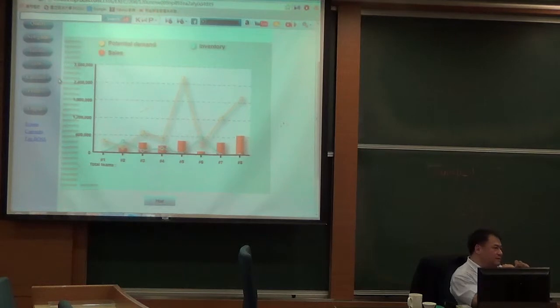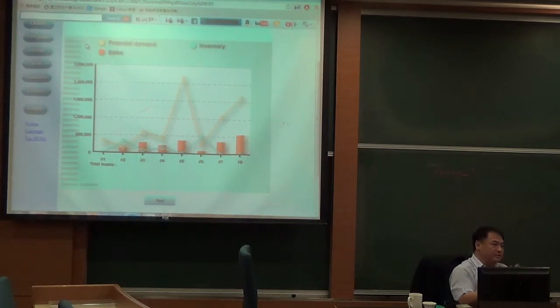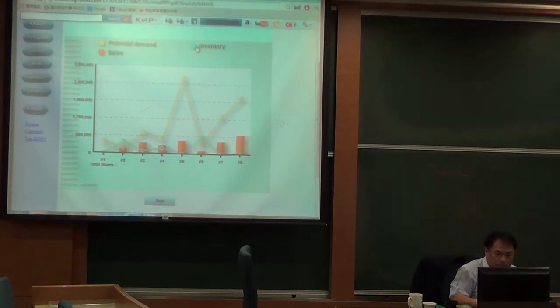The yellow one indicates the potential demand, which is the result of throwing money on marketing expense to generate customer demand. The red bar means the actual sales quantity. It's not necessarily equal to the market demand because of competition. And the blue one is the inventory level.